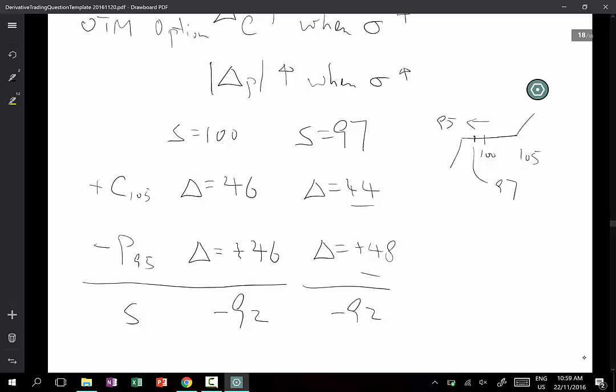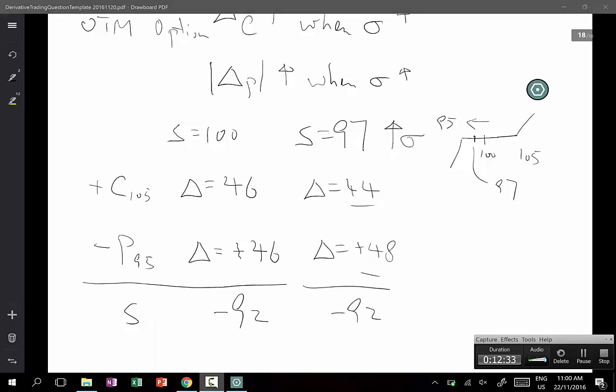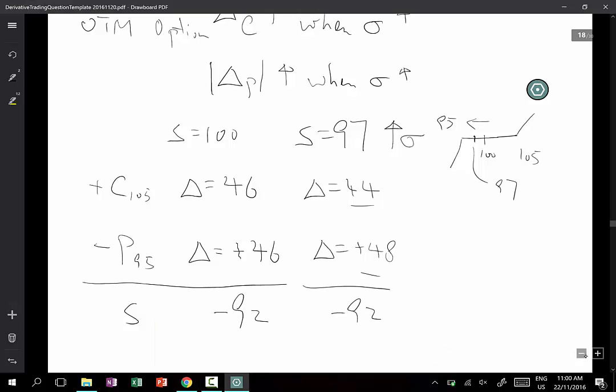Now what happens if you make an adjustment to the sigma? So you raise volatility and then you reprice. As you do that, generally the delta will go up. So the call delta may now be, let's say, 45, and then the put delta may go to, let's say, 49.